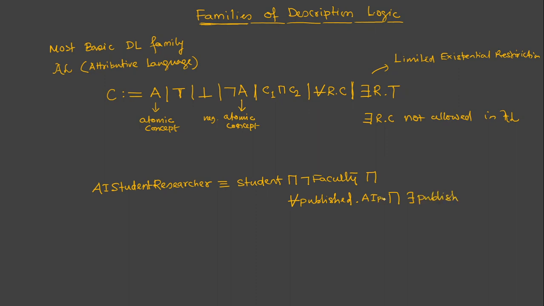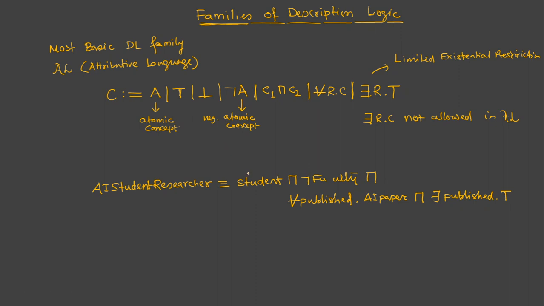So let me put, say, AI paper. So for all the things they have published is AI paper, and has published at least one thing, right?